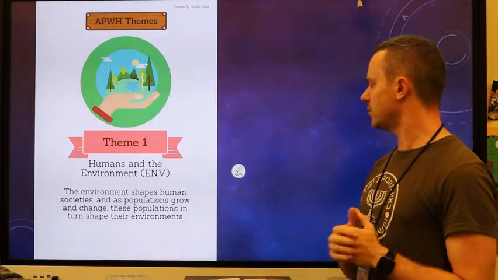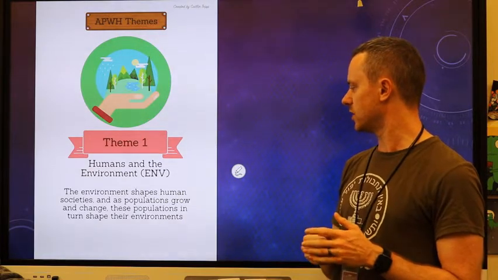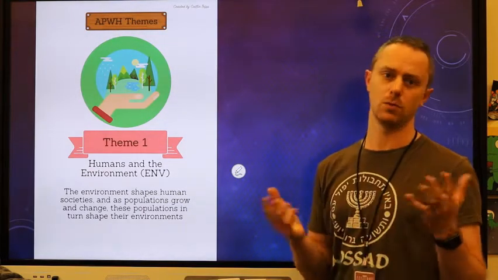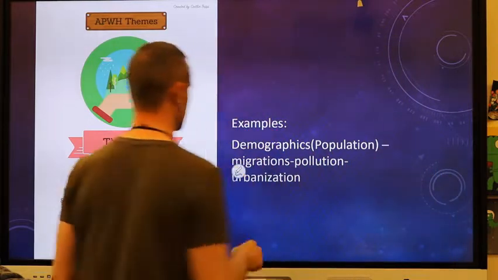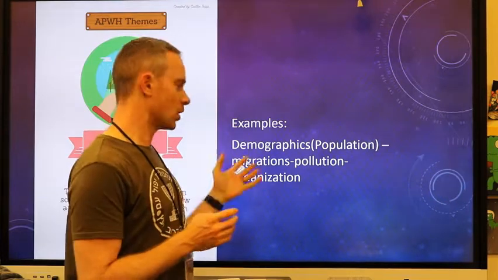It says that the environment shapes human societies, and as populations grow and change, these populations in turn shape their environments. Here are a couple of examples: demographics, population, migrations, urbanization.